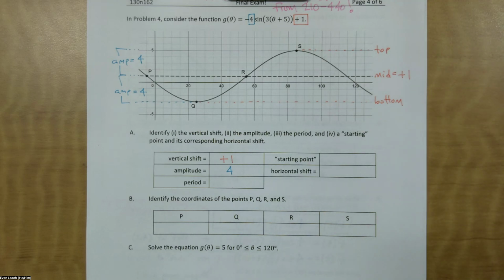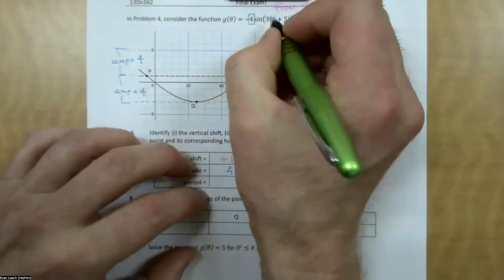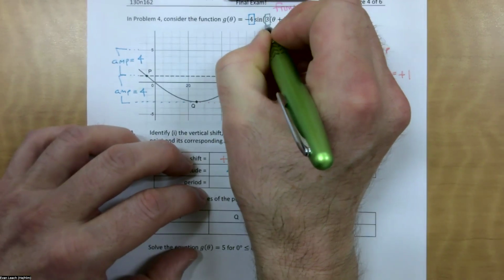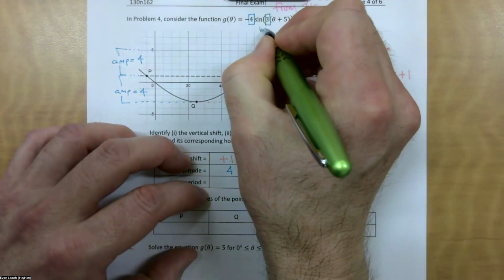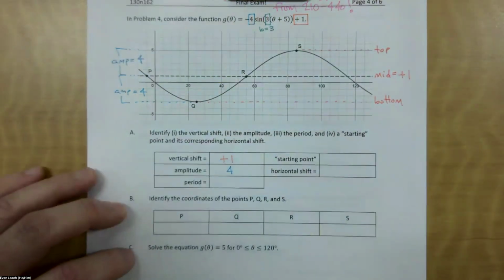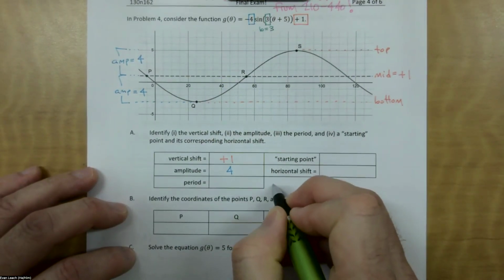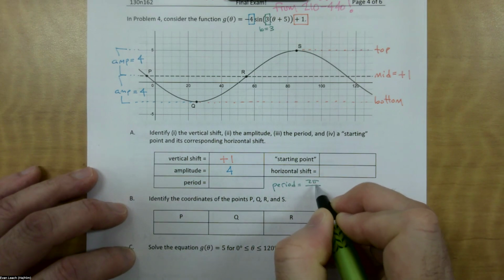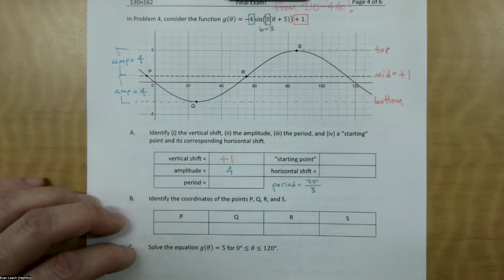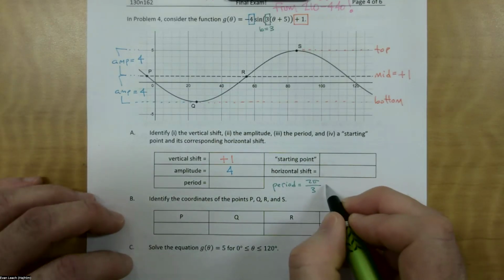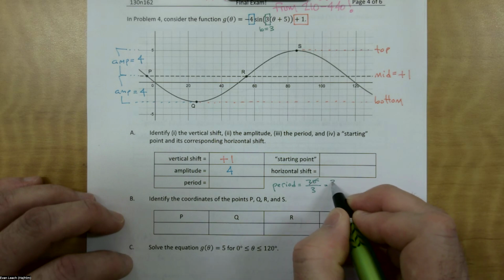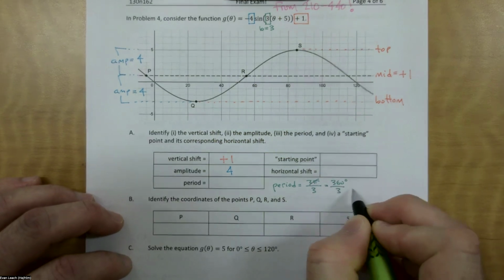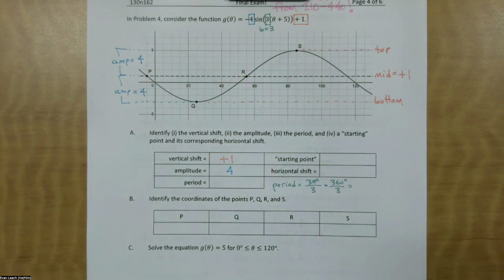The period is not a number that appears in our equation. We get that from the coefficient of the variable. So in this case, b is equal to 3. The period is normally 2 pi over b. But this problem is in degrees, so instead of 2 pi, we're going to use 360.